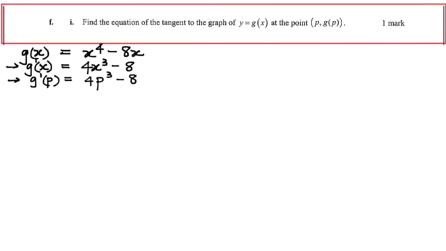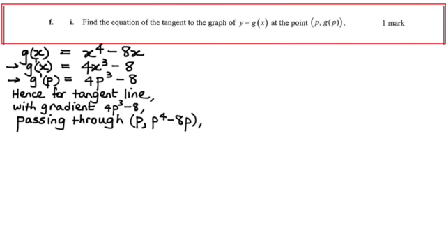Substituting the point P in, we get the actual gradient at the point P. Now we'll go for the equation of a straight line, a tangent line, which has a gradient of that specific value going through that specific point, where m is this thing, x1 is our known point P, and y1 is P to the 4 minus 8P.